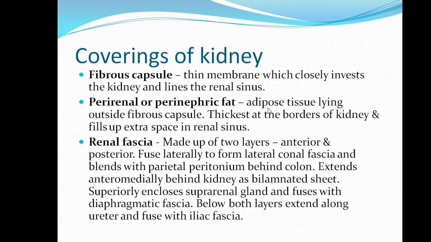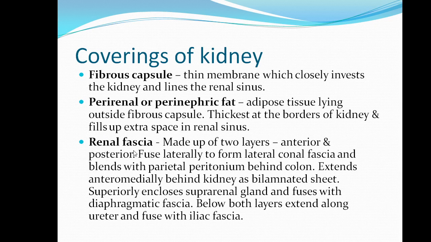So this is the adipose tissue lying outside the fibrous capsule. It is thickest at the borders of the kidney, and this adipose tissue fills up the extra space in the renal sinus. Then comes the renal fascia.